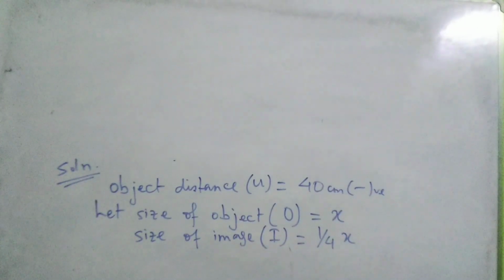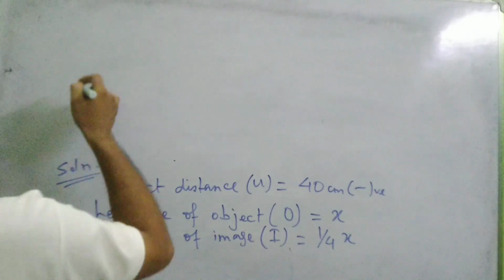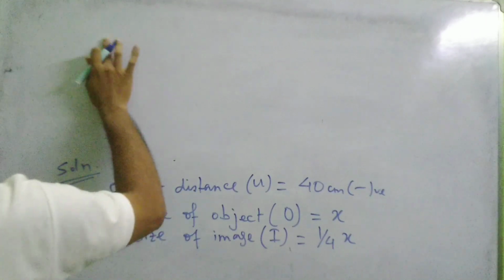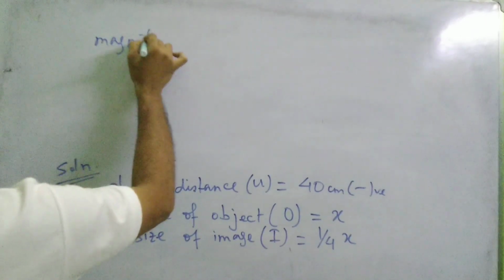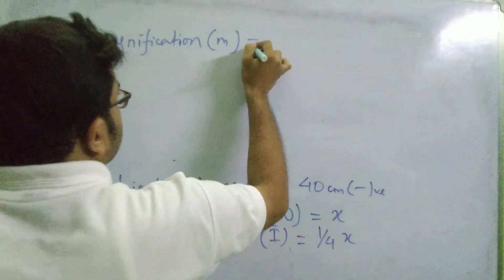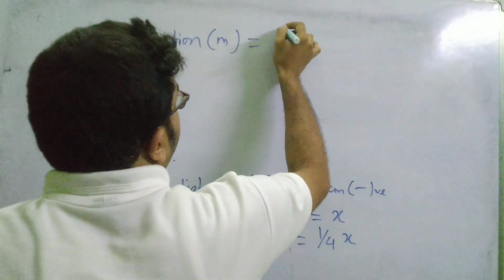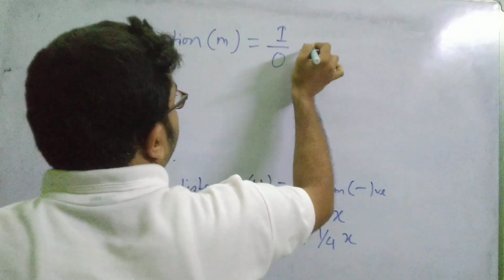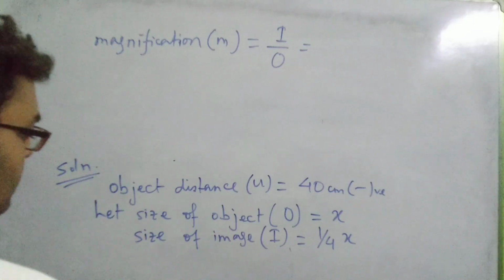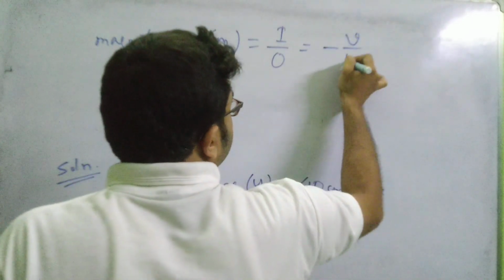Okay, so when you have to find out the image distance, how are image distance, object distance, image size and object size related? Now there is a formula of magnification. Magnification of the mirror is denoted by the letter M. It is basically nothing but the image height by object height, and that is also equal to the negative of the ratio of the image distance by object distance.